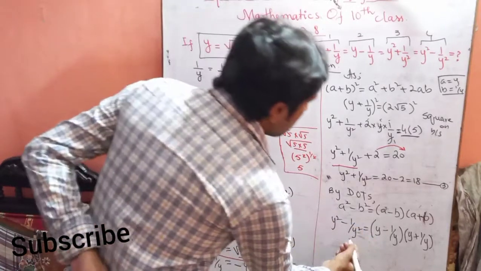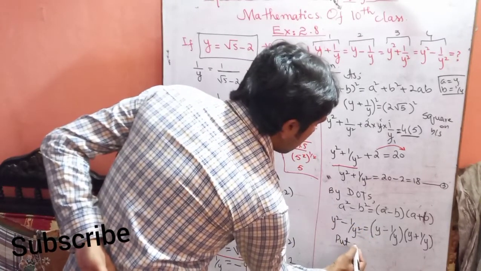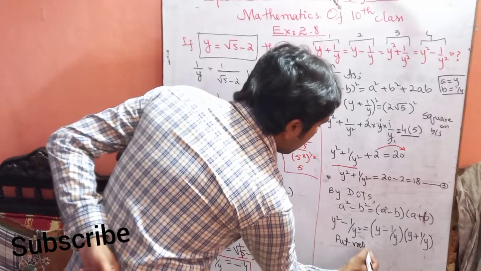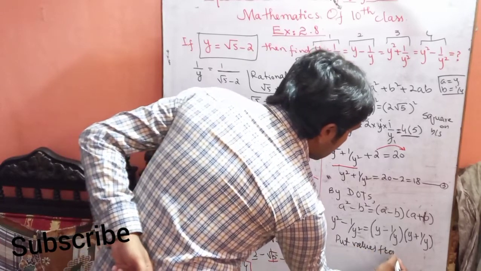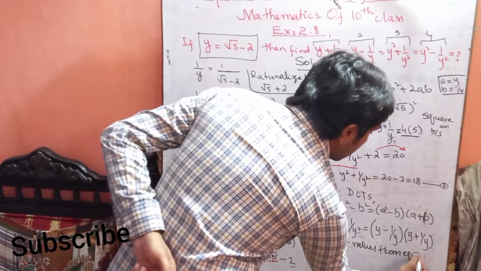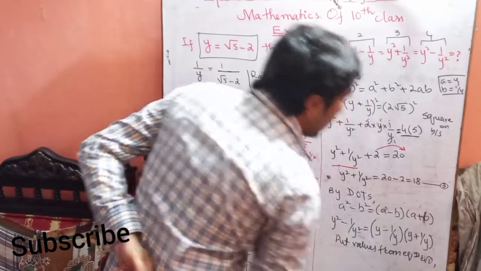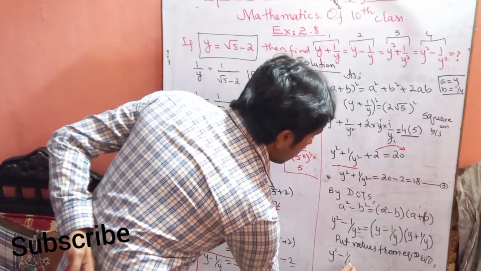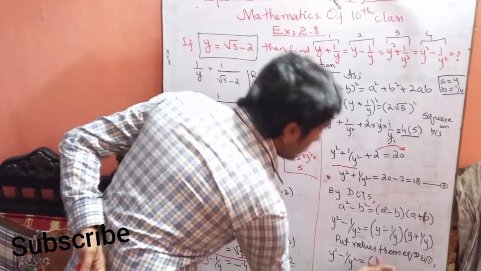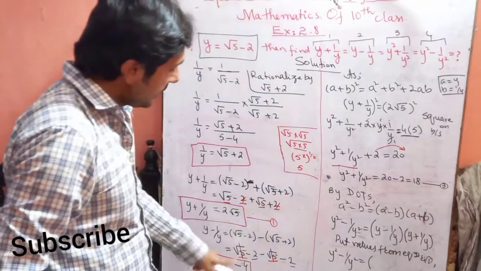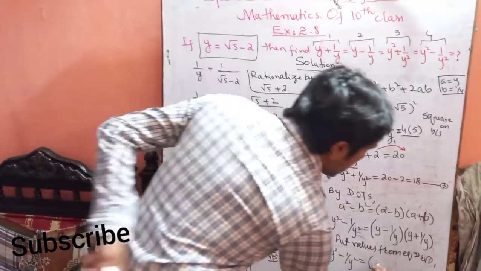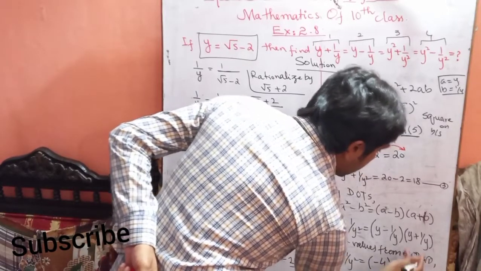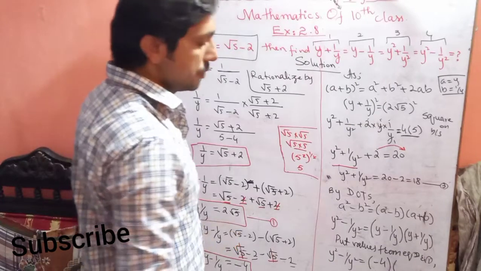So it's better to write down here, put the values from equation number 2 and equation number 1, and then we will get the answer. So here y square minus 1 upon y square is equal to, now this y minus 1 upon y is equal to minus 4. So you will write down minus 4, and then y plus 1 upon y is equal to 2 under root 5.